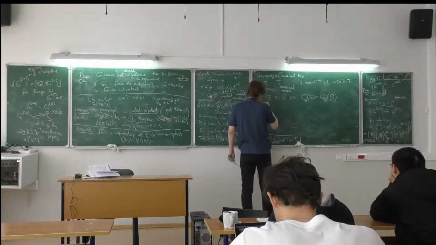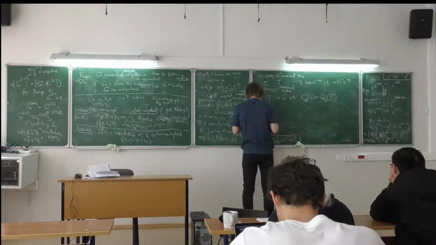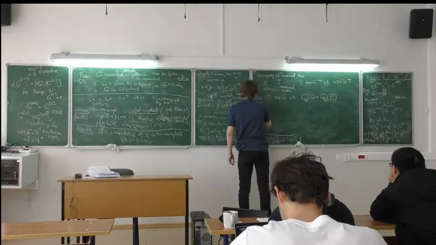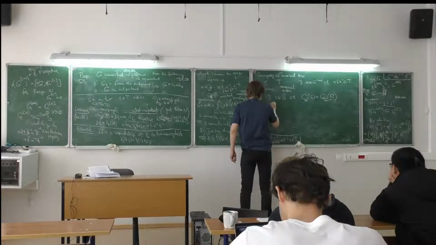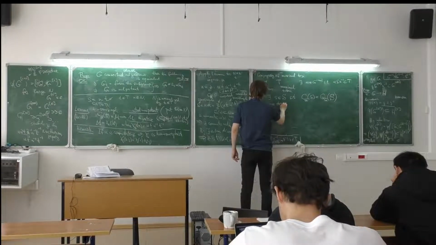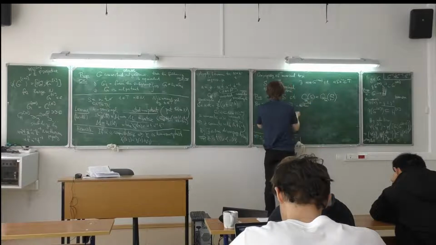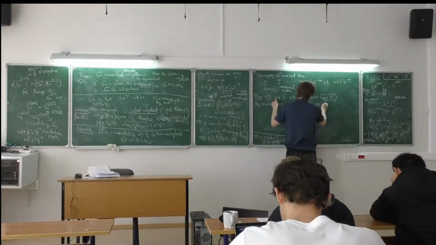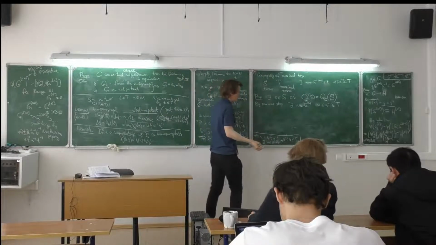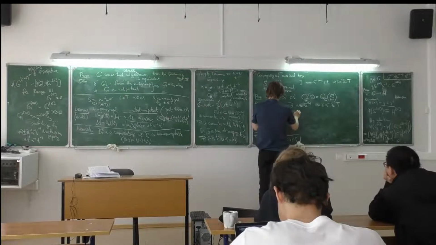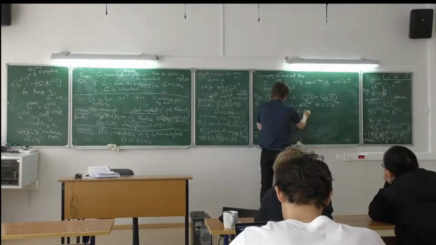Now, by the previous step, there exists u such that u S u inverse sits inside T. Without loss of generality, we have the following situation.